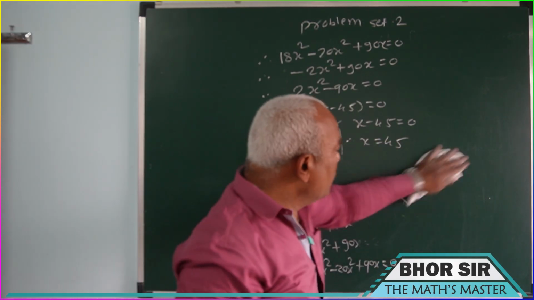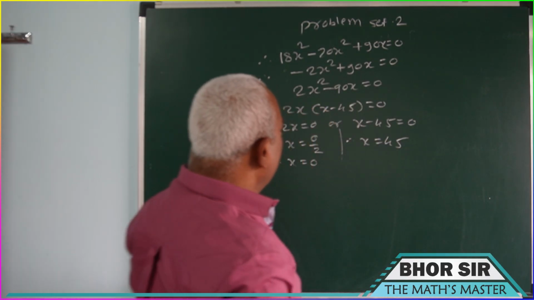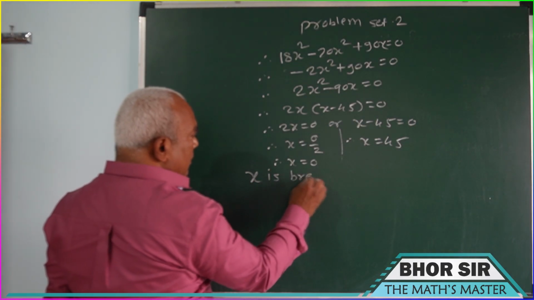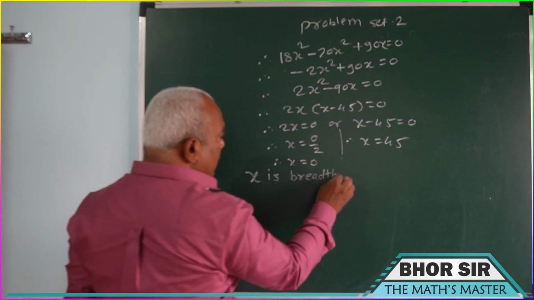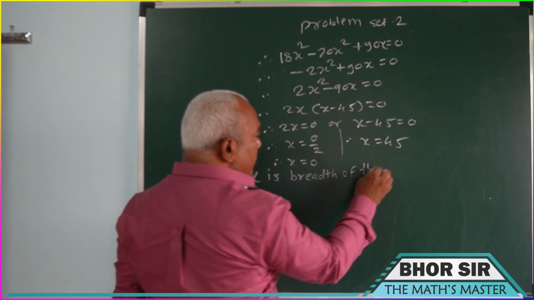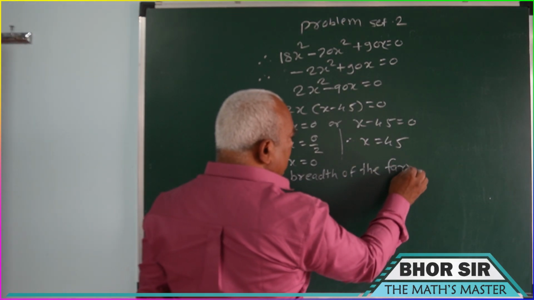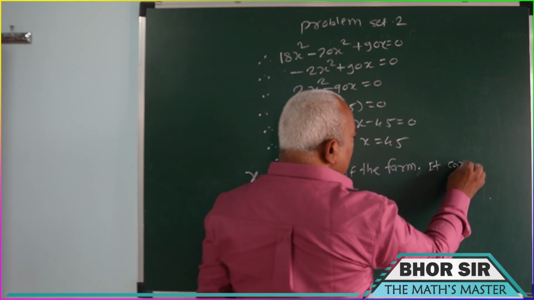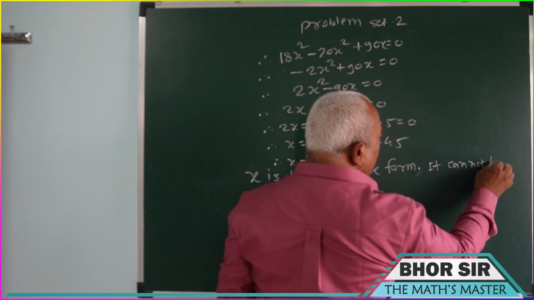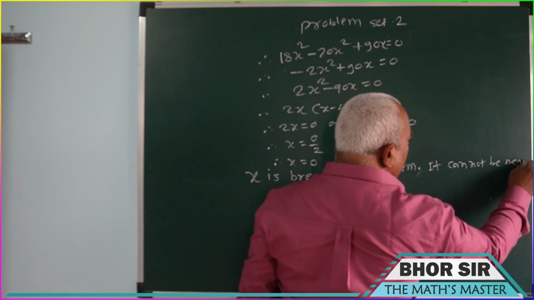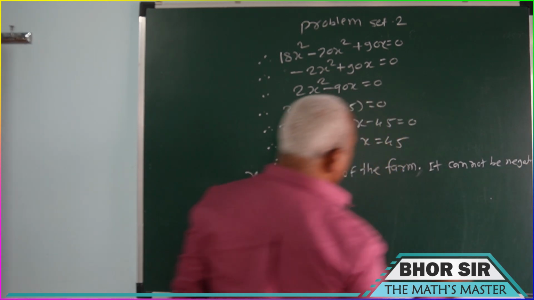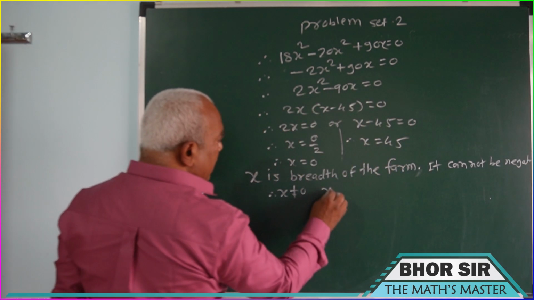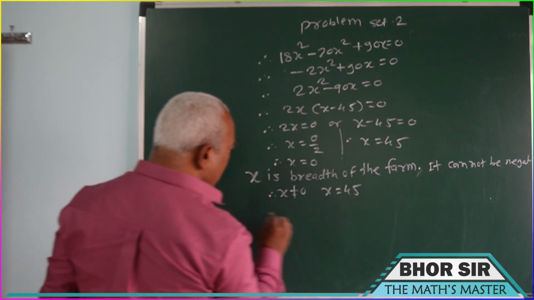Here x is the breadth of the farm. It cannot be 0, so we should not take 0. x will be 45.